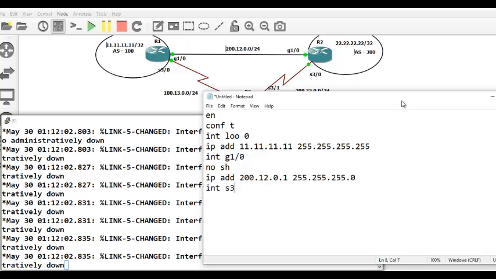Interface serial 3/0, 100.13.0.0. And then I would like to run EIGRP autonomous system, let's say 10, and I'll advertise the network 200, network 11.